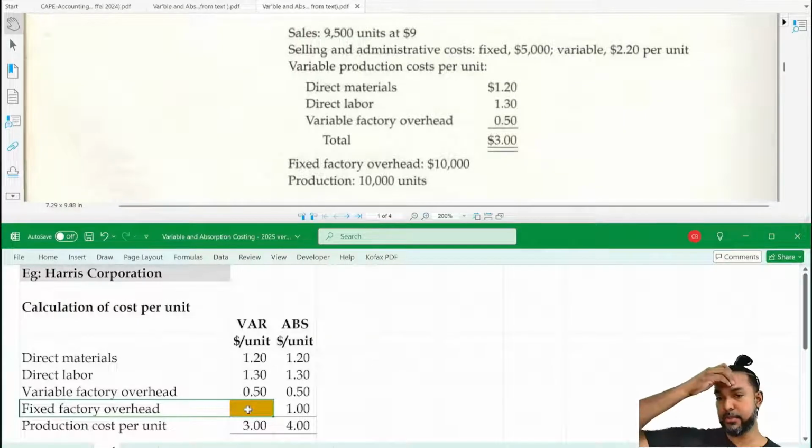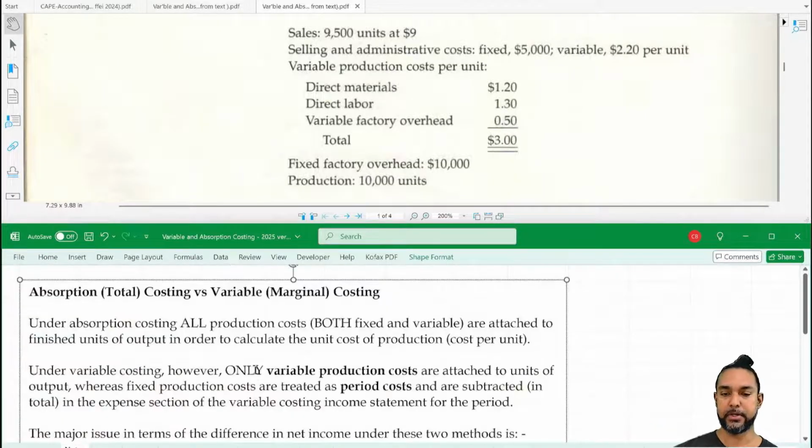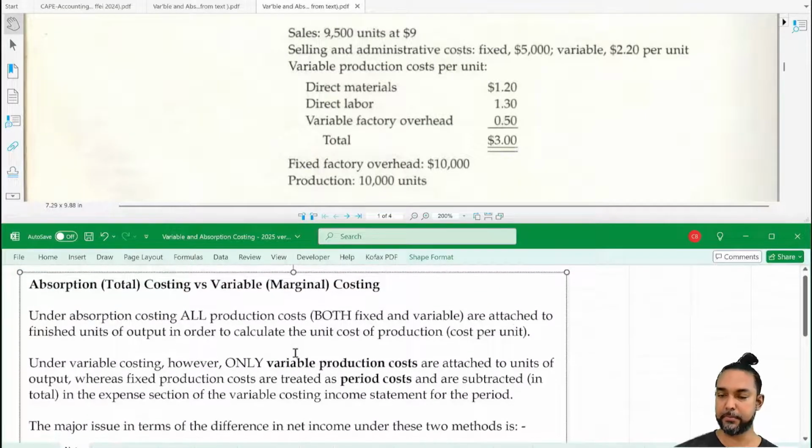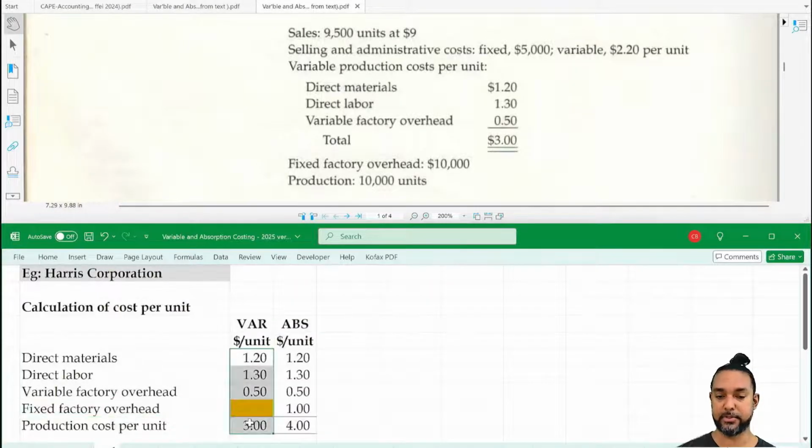So today we started talking about variable versus absorption costing. We had this one little section of notes across here. This is costing that is used to help make decisions, primarily the variable costing method. Absorption costing is what we're accustomed to, where all relevant costs are attached to units of output, both fixed and variable. Whereas under variable costing, we only attach variable costs. This is just the first example we did. You didn't miss much.